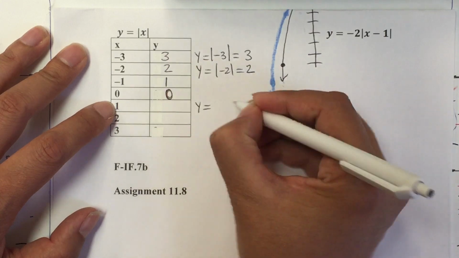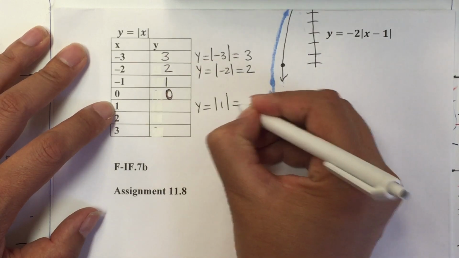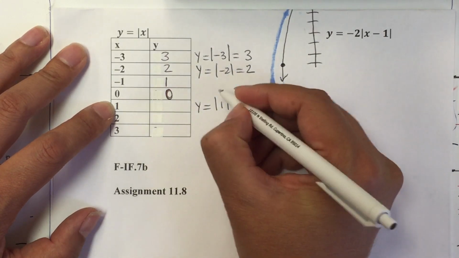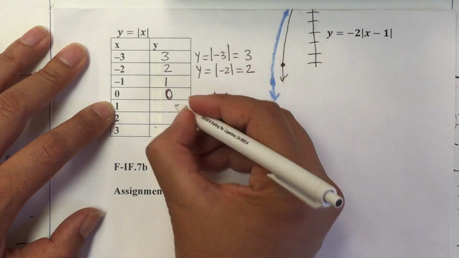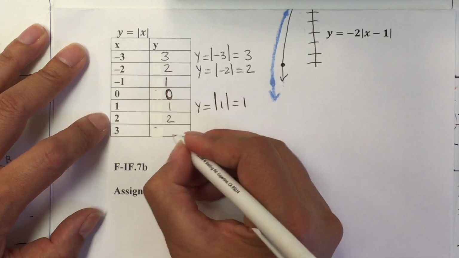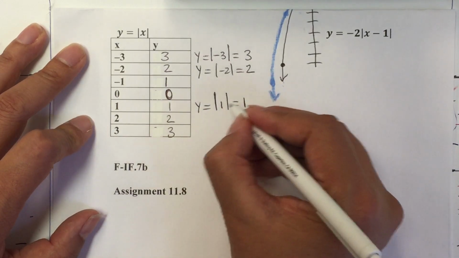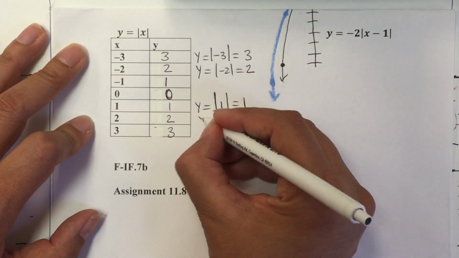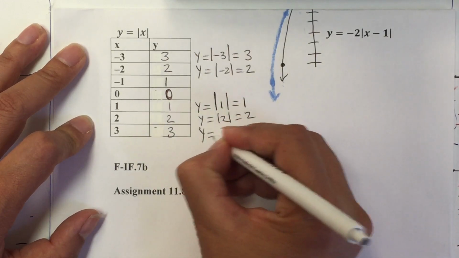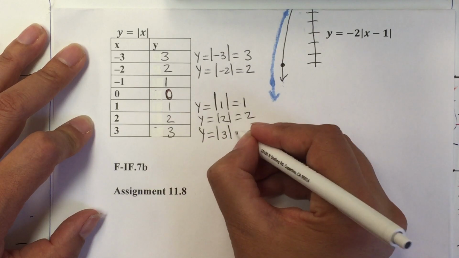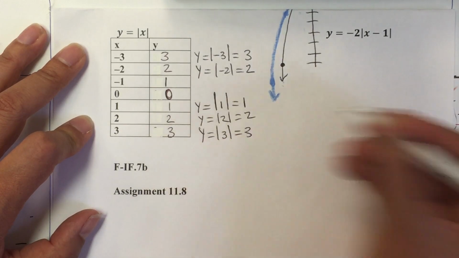This one, people get tricked and say, oh, it's negative 1. But no, the absolute value means the distance, and distance is just always positive. So positive 1, positive 2, positive 3. It's just the positive of the number inside. The positive of the 3 is 3.